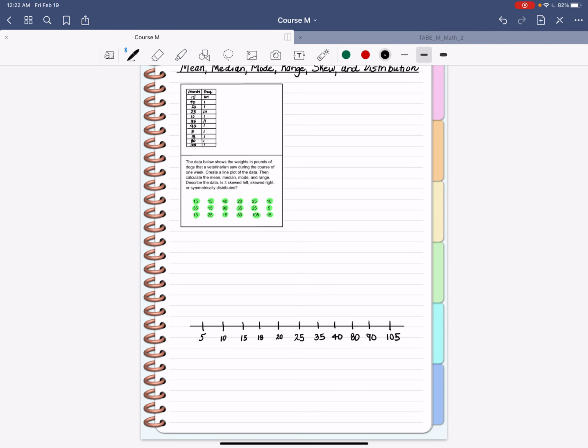Okay, the 15-pound had 5. So I'm going to put 1, 2, 3, 4, 5. And you can use X's if you prefer.